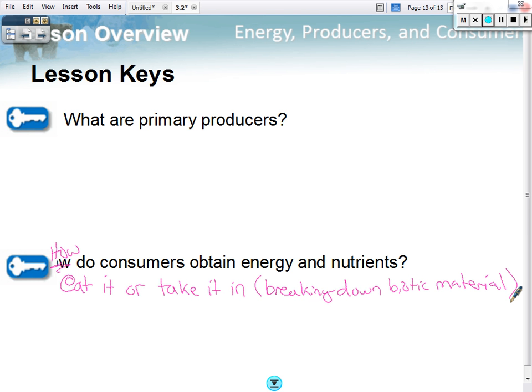We also have another level that we didn't really see, which was the primary consumers, and those are your herbivores and omnivores. Those are the ones that take in the plants, and they really start the energy flow into the animal world. Okay? Also here, you might want to list different types of consumers.